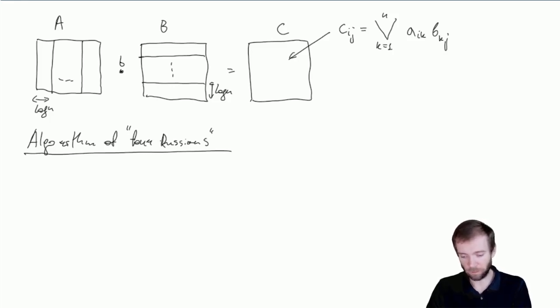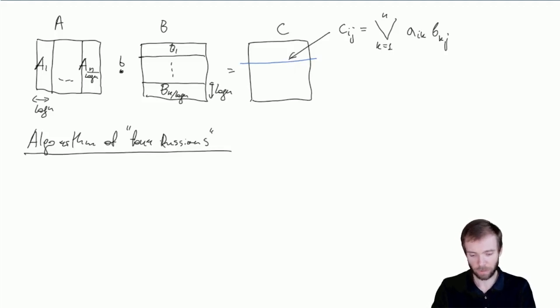So thus we can denote these stripes as A1 through A sub n over log n, and B1 through B sub n over log n. And we now see that when we're computing the element of C standing in some row and in some column, we're taking, as always, the corresponding row of A, the corresponding column of B, and the elements that we have here, they interact with the elements that are here, and so on.